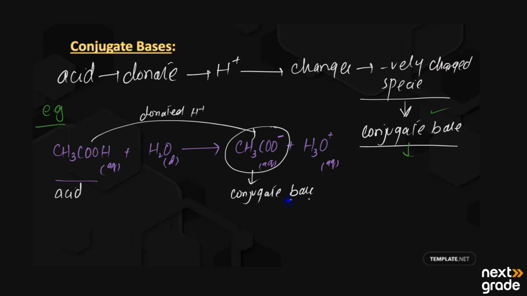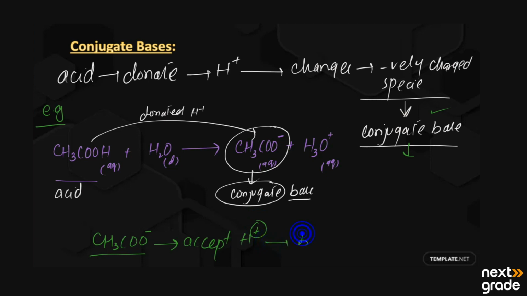Why is it called a base, along with the word conjugate? The reason is that if I separate out CH3COO negative, it is a molecular ion because it has a charge. So it is going to act like a base because, being negatively charged, it can accept the proton, and the substances that can accept the proton are known as bases.